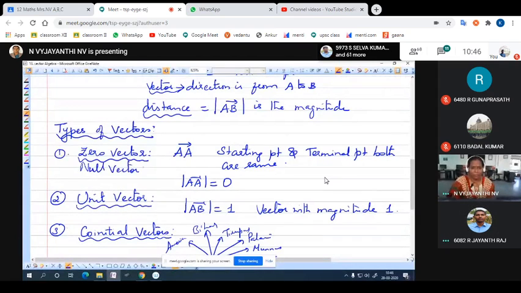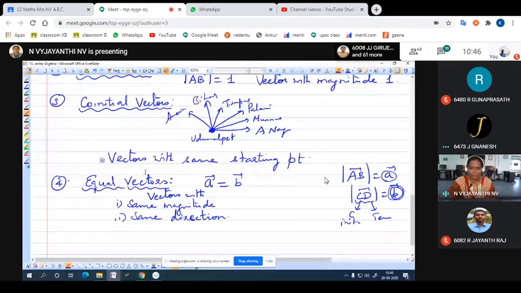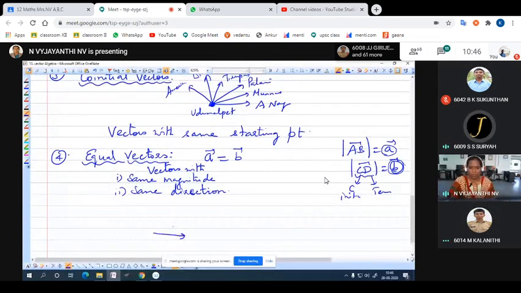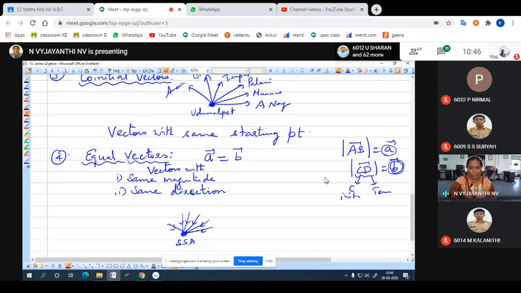I told you, no? Coterminous vector. Co-terminus means same ending, same ending point. All are coming from different places to Sainik School, Amaravati Nagar, so it is called co-terminus. The terminal point will be the same, the initial point will be different.